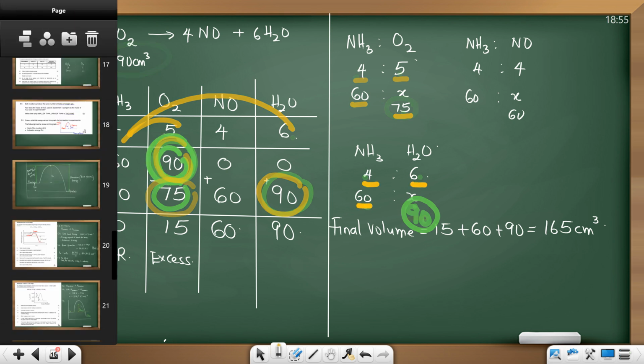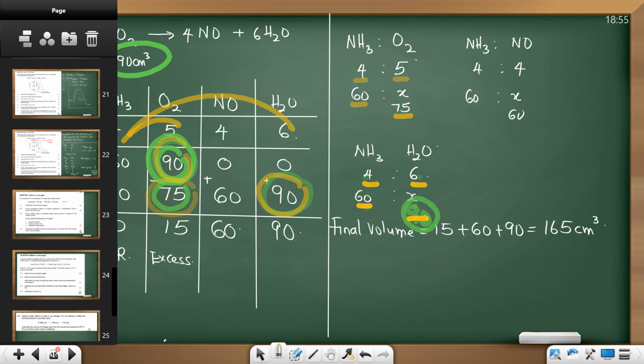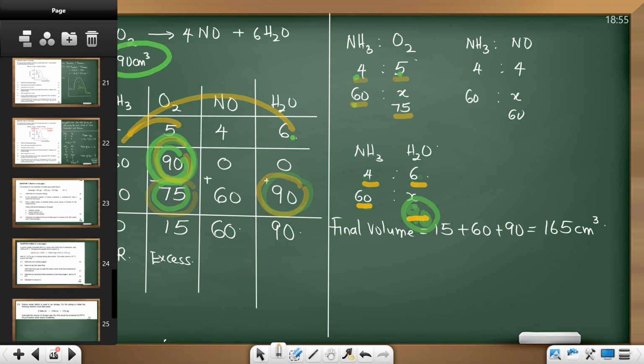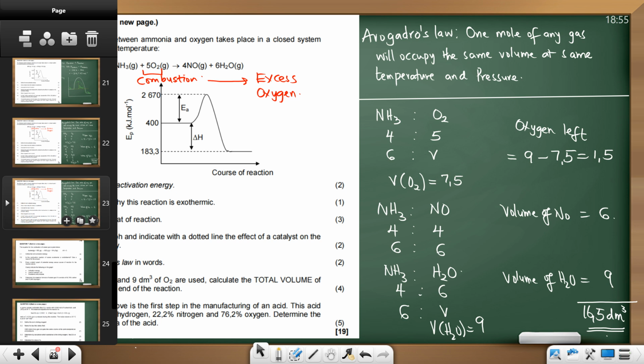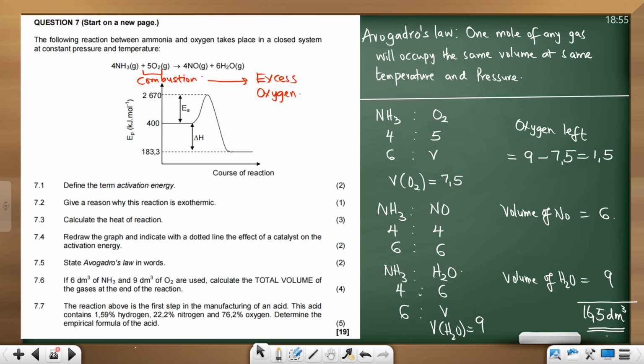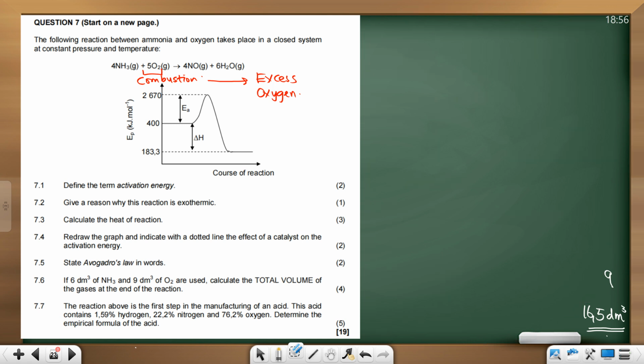All right. The next question is a grade 10 one. The reaction above is the first step of the manufacturing of an acid, ammonium sulfate.